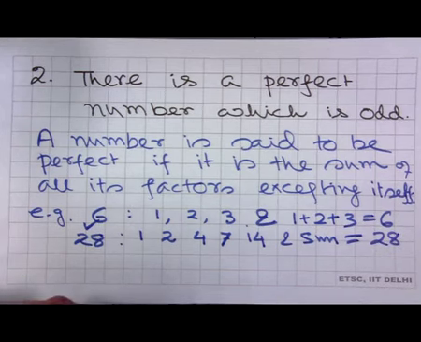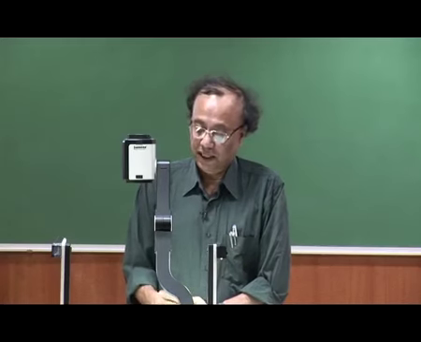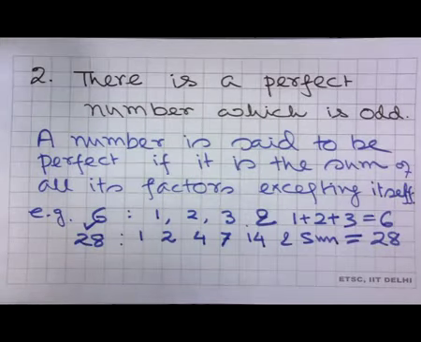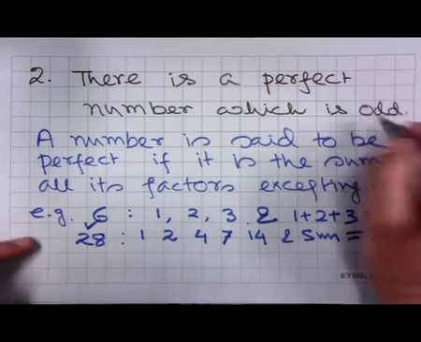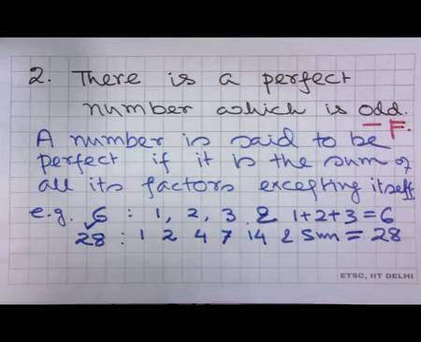Now, as of today, we did not find any odd number which is perfect. So, we can assume that this statement, there is a perfect number which is odd, is false, because so far we have not got any number which is perfect but odd.